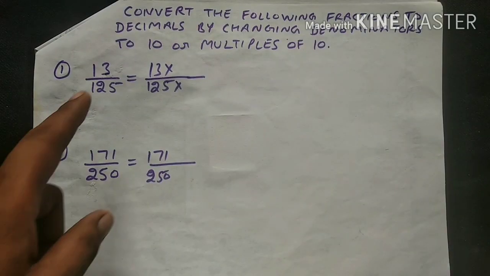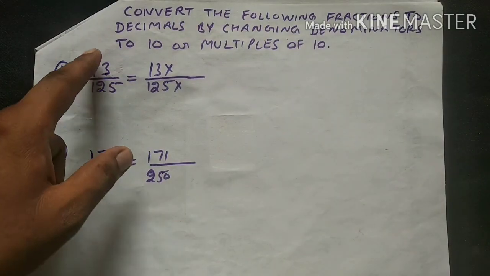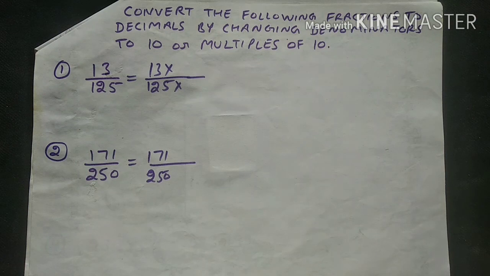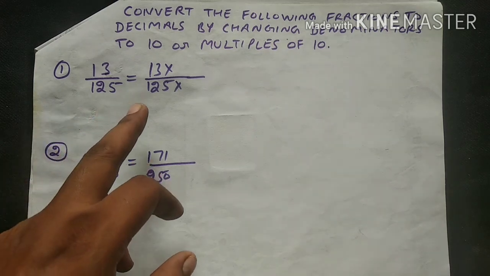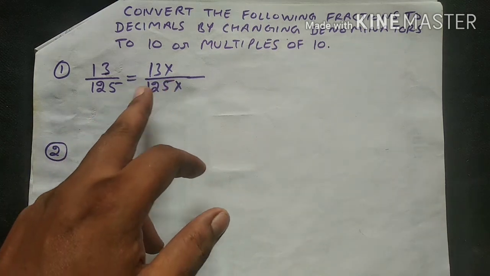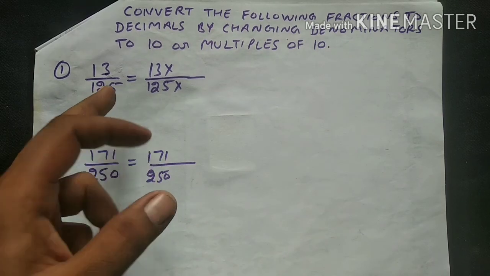Now student, in this footage you can see my question is 13 over 125. Now by which number do I have to multiply 125 so that I get a number of the type 10 or 100 or 1000 or 10,000. So the possibility of 10 is not there because 10 is a 2-digit number and 125 is a 3-digit number.